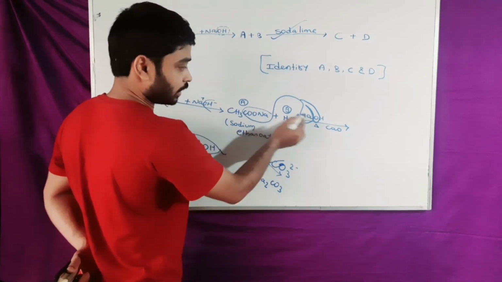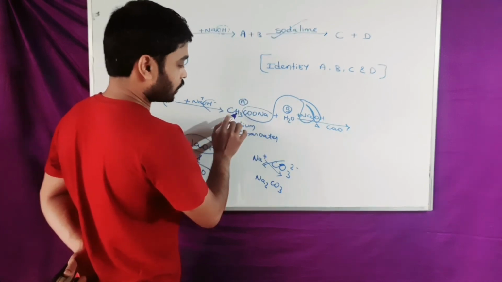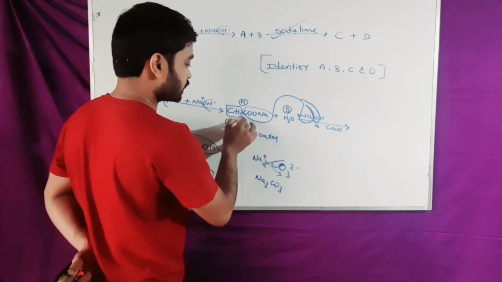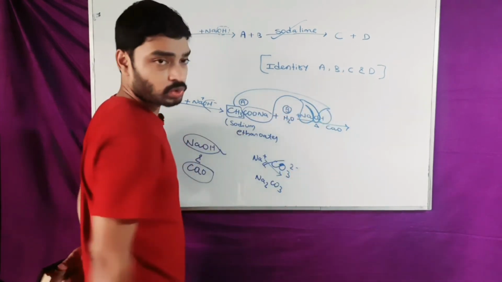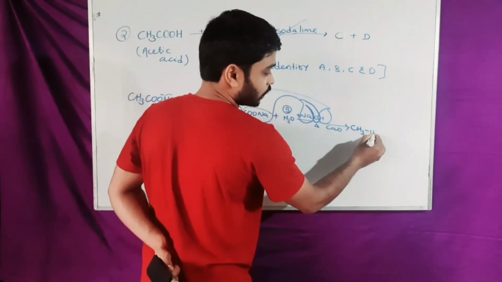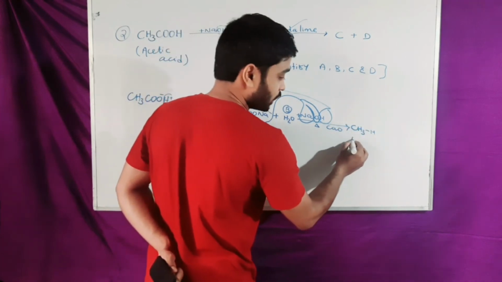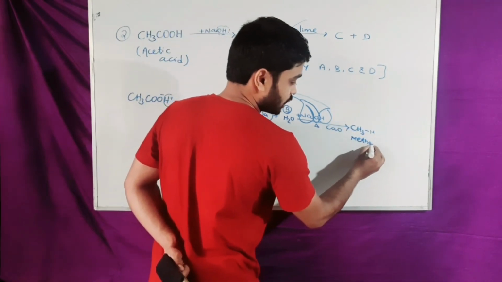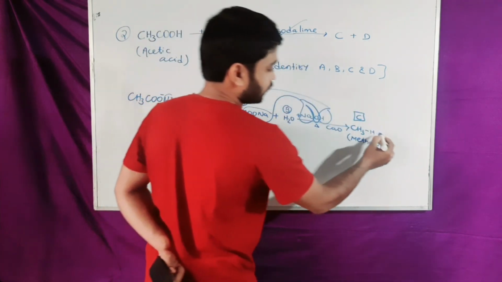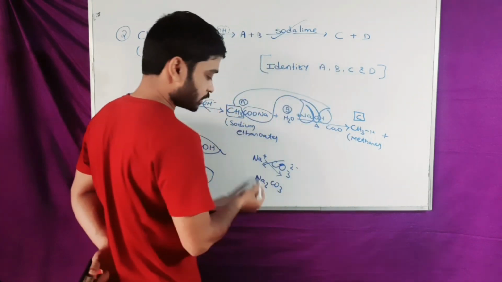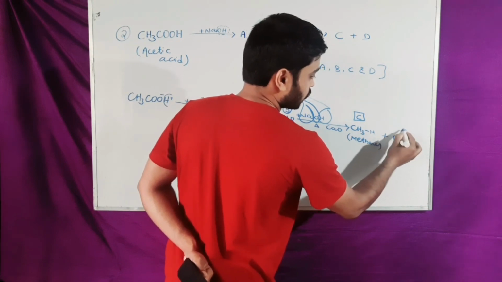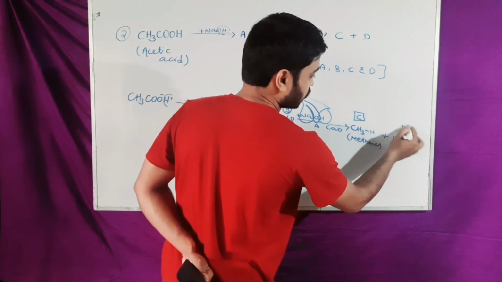It will be the byproduct, and the rest, the main product, will be CH3. This CH3 will combine with the hydrogen atom of the sodium hydroxide, resulting in the main product CH3-H, or you can write CH4, that is methane, and this comes under C. And D is the byproduct, that is Na2CO3, the D section here, not B.